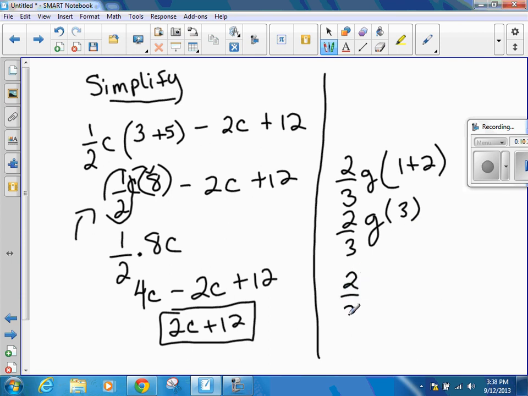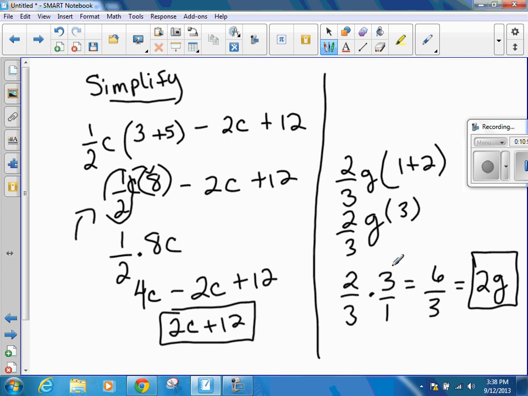So this fraction, 2/3 times my 3, if you know what this is already, fine, but I could say 2/3 times 3 over 1. Okay? 2 times 3 is 6. 3 times 1 is 3. So I'm just doing this off to the side. 6 divided by 3 is 2. And I have that variable there, so it's going to end up being 2g. Okay? You will see something like this on the test.